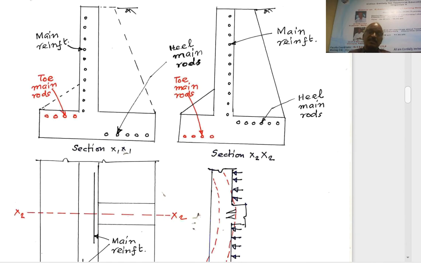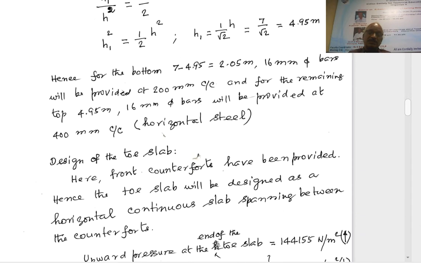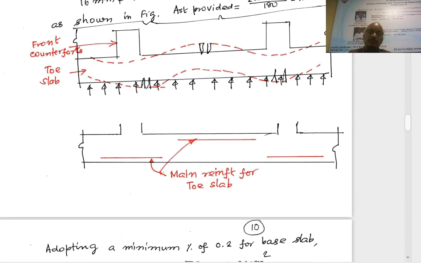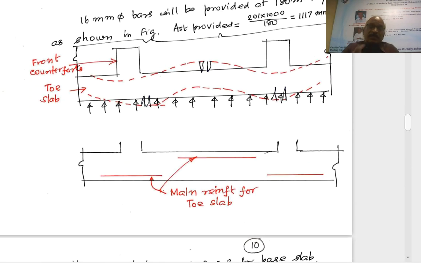Right. Once again we will see the longitudinal section. Yes, this is what we have discussed. Now I think things will be clear. That is as far as the toe slab is concerned.